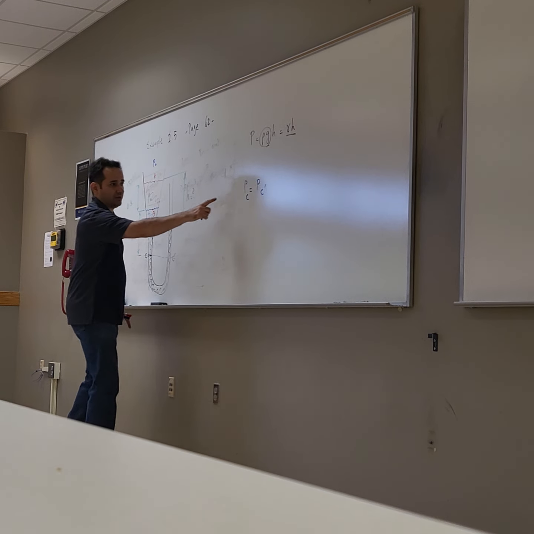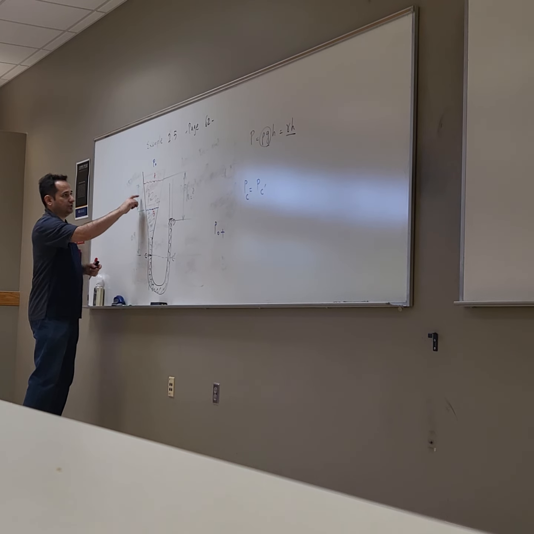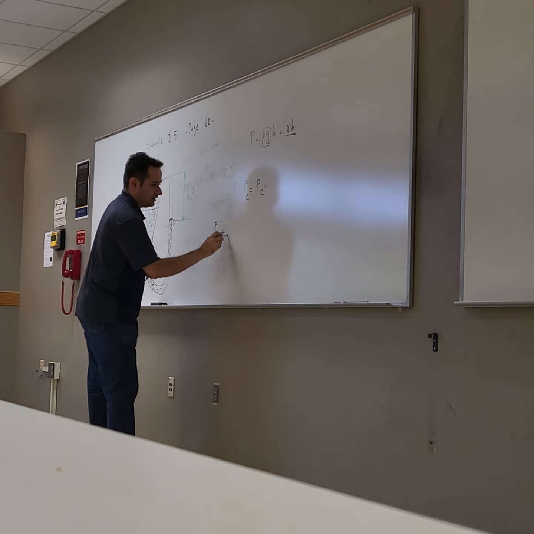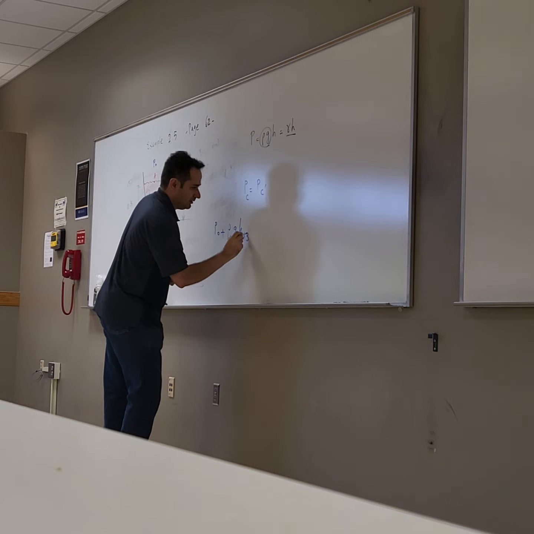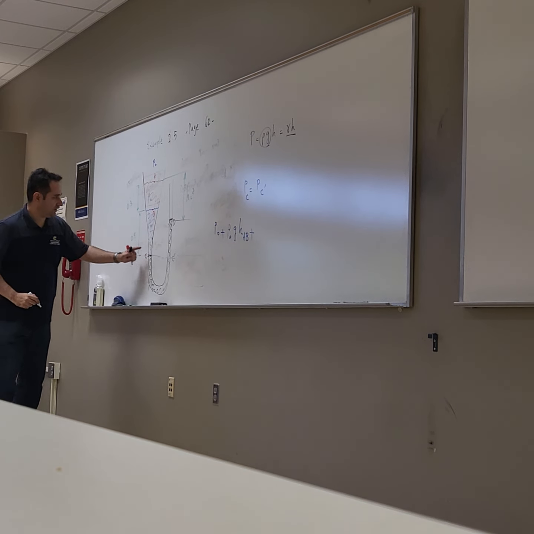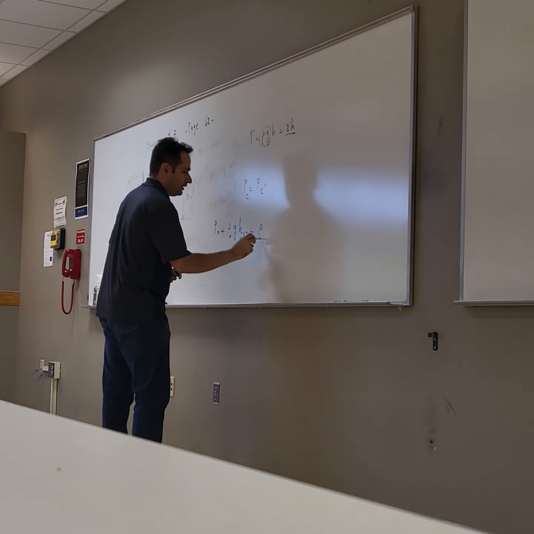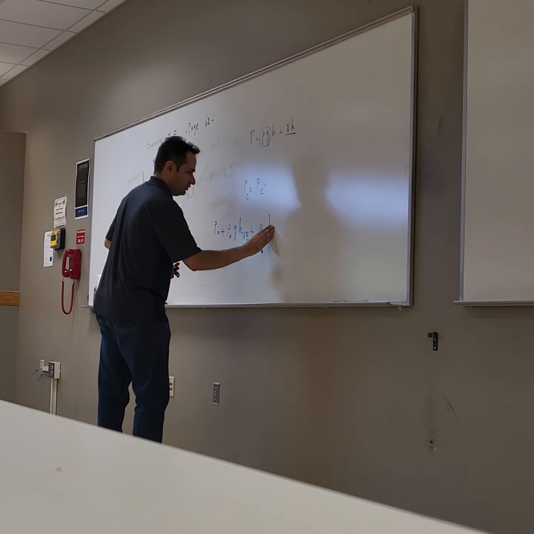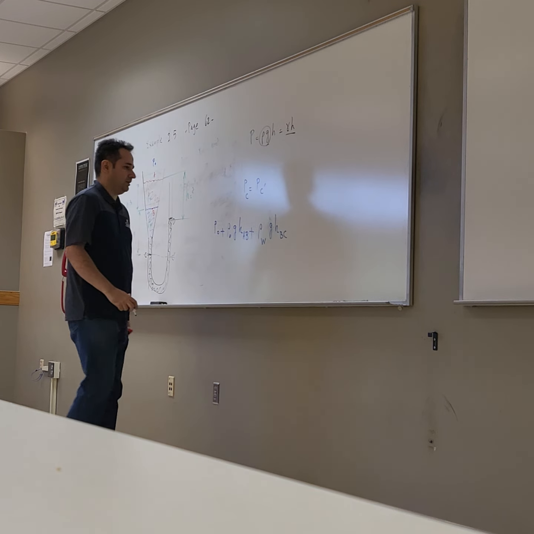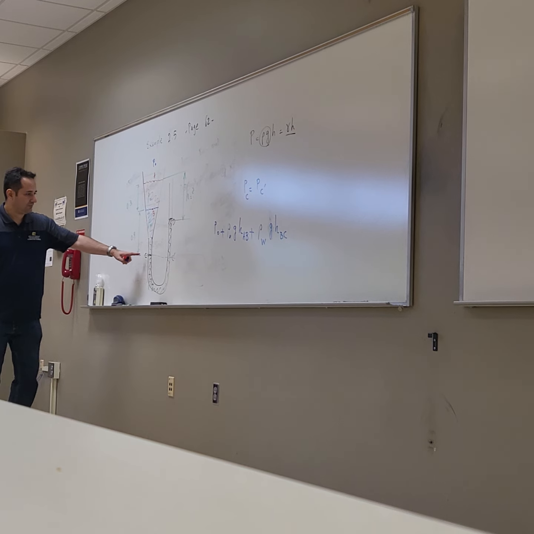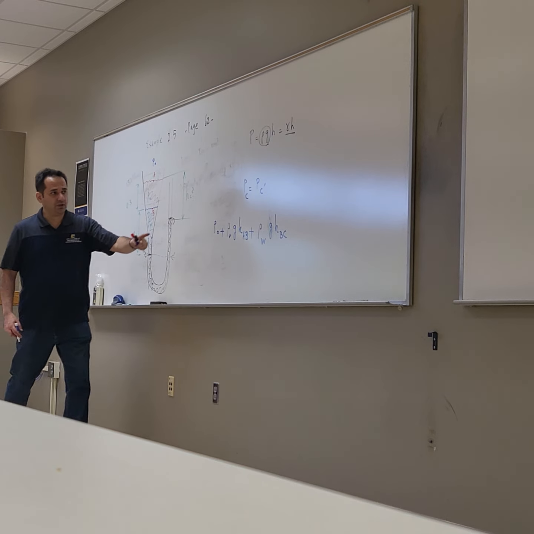So P at C, I can write as P0 plus the pressure at B, which is rho oil times g times h between A and B, plus the pressure within this point, rho water times g times h between B and C. This is the total pressure coming from the atmosphere all the way to C. So this is PC, the left-hand side.